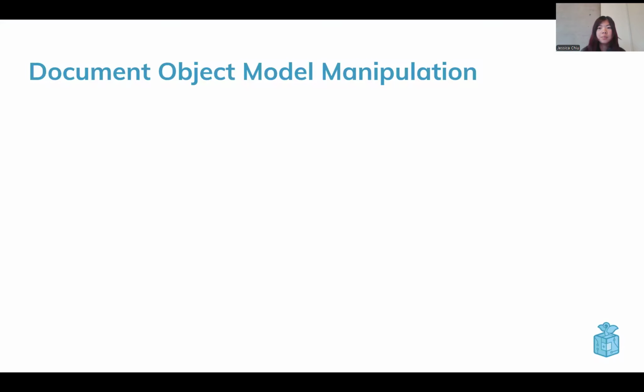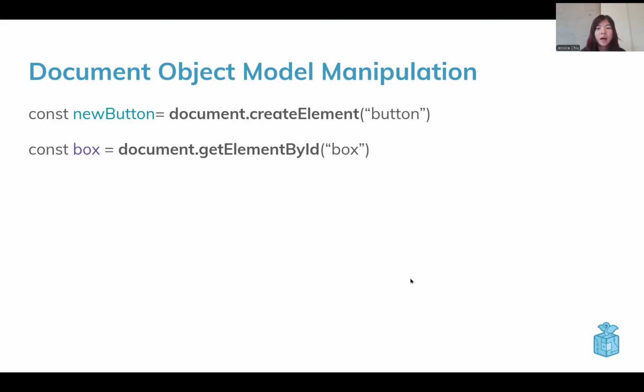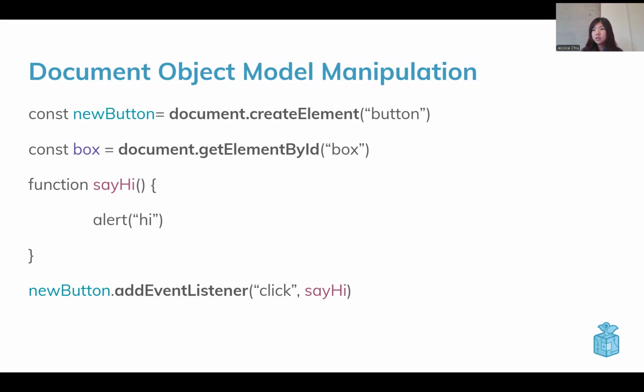Okay, just for a little recap, if you remember last week, we were talking about the DOM manipulation. So basically, how to create elements in our HTML, how to get elements from their ID, creating functions, and adding event listeners to make something happen in our DOM if we do a specific action, like clicking a button, and how to add an element to our HTML by appending it to a different element.